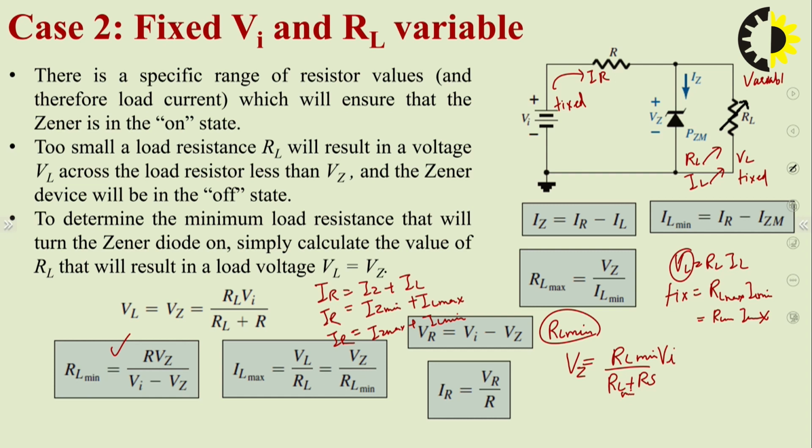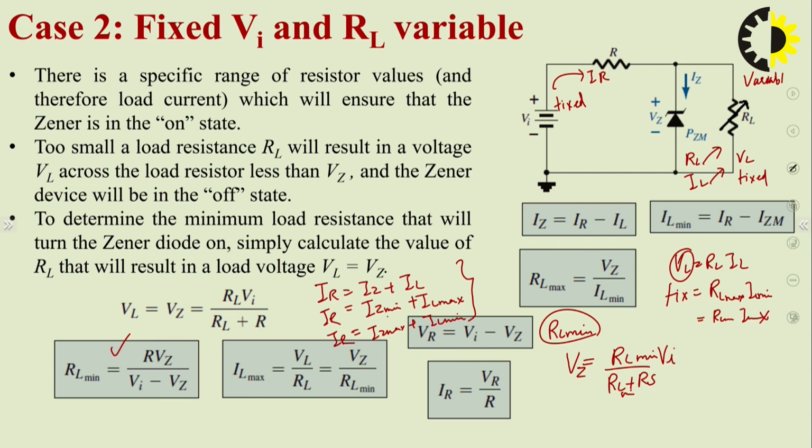Now IL minimum can be calculated from this equation, which can be obtained from here, because we know IR is equal to IZ plus IL. This IR is fixed, only IZ and IL are variable. So if IL is increasing to IL max, this IZ should move towards the minimum side. So this would be IZ minimum plus IL max, and this IZ max plus IL minimum.